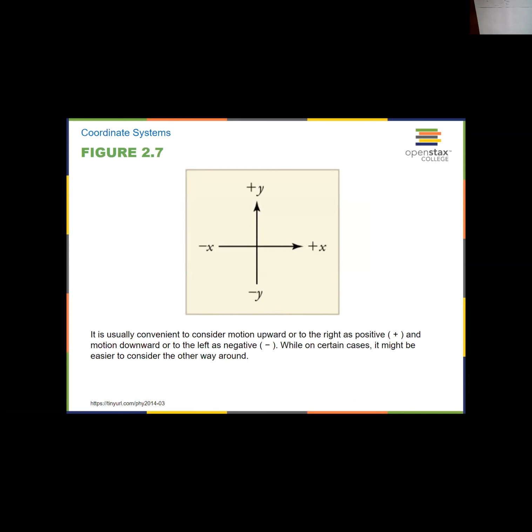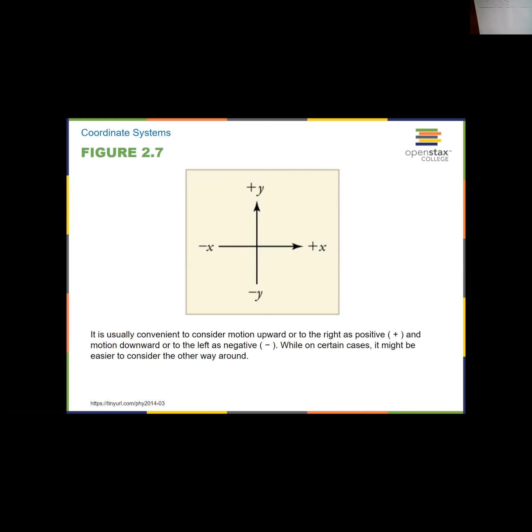Now, coordinate system, as I said, you always want to have a frame of reference. Particularly when you are dealing with quantities that have magnitude and direction, you want a coordinate system. The most common one we use is an XY coordinate system, which refers to a two-dimensional problem.